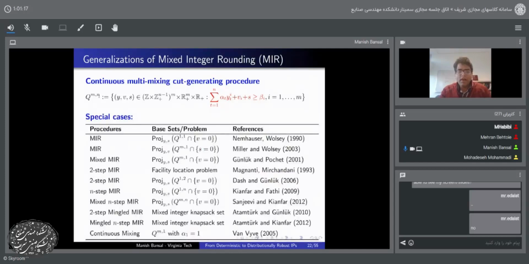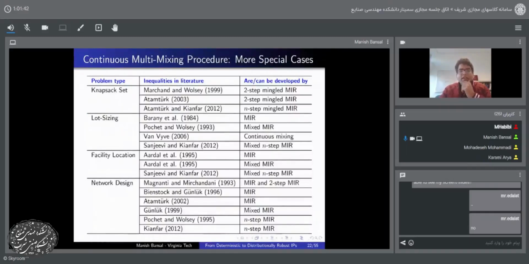Over time, various extensions of the set Q11 have been considered in the literature. The closest one is the continuous mixing set by Van Vyve in 2005, which discusses Qm1, which has m constraints and one integer variable in each constraint. If we can study the inequalities for this particular set, then the various inequalities developed in the literature for these problems can also be developed by the continuous multimixing procedure.